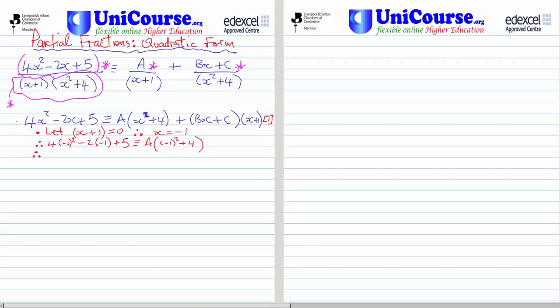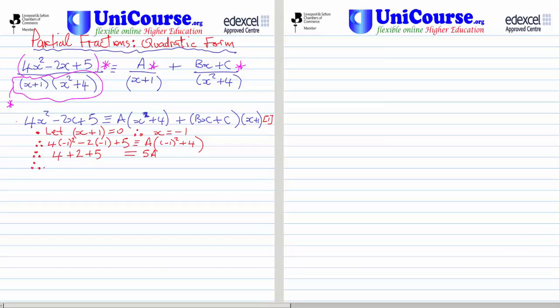Minus 1 squared gets you to 1, so that's just 4, minus 2 times minus 1 is plus 2, plus the 5, equals. Over on the right, I've got minus 1 squared, which is 1, plus 4 gets you 5, so that is 5A.